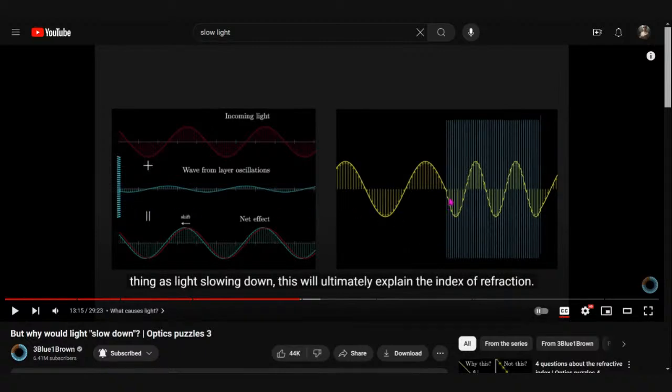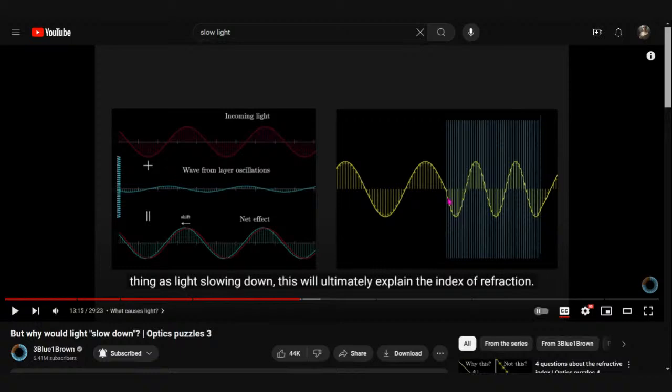So the red, which here is yellow, has shifted back just a little bit, and I guess the distance between these two lines is two planes. During this one, the red has been delayed a little bit.